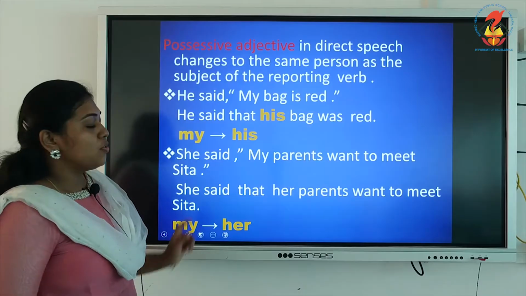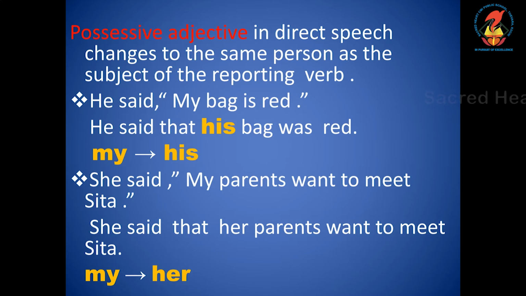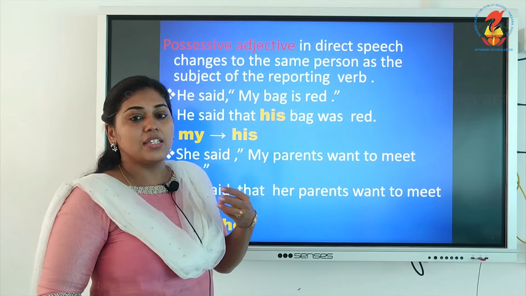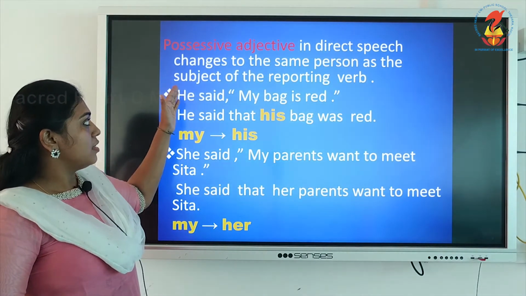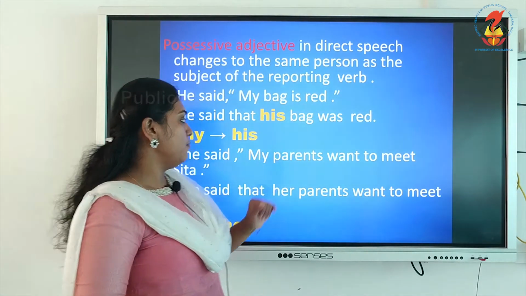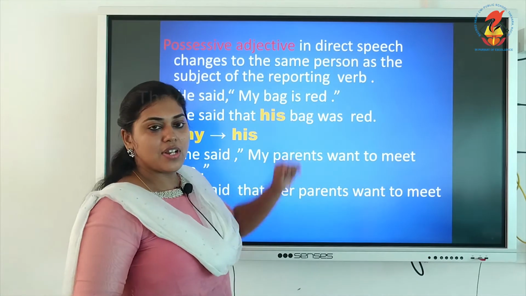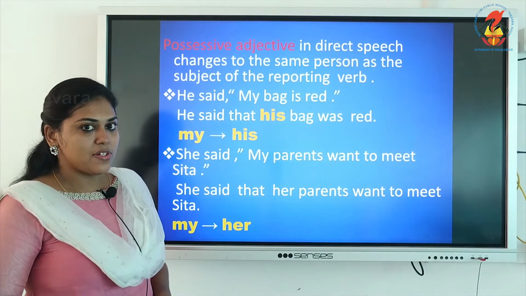Understood? Now, the next one regarding the possessive adjective. A possessive adjective in direct speech changes to the same person as the subject of the reporting verb. Whenever a possessive adjective like my, your and so on comes, you need to take the subject of the reporting verb. He said, "My bag is red." What is the possessive adjective here? Yes, my is the possessive adjective, right?